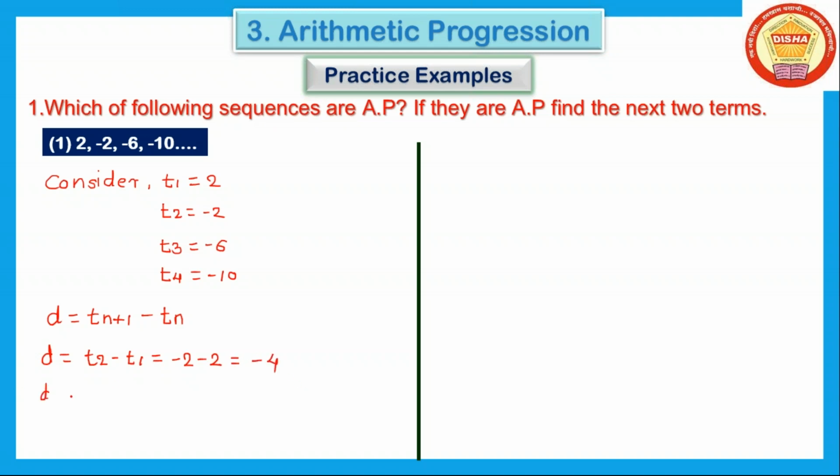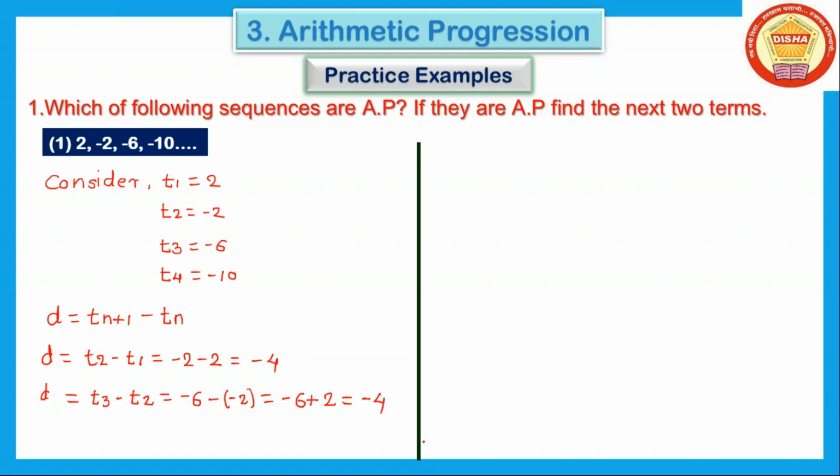Again we find the common difference, that is T3 minus T2. Here T3 is negative 6, minus T2 which is negative 2, so negative 6 plus 2 is negative 4.